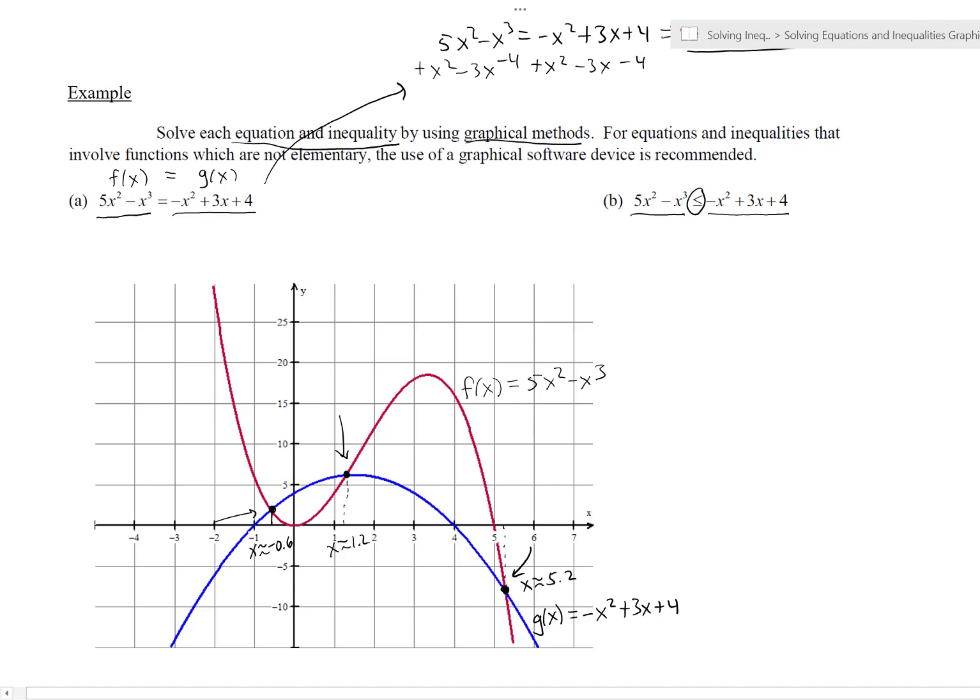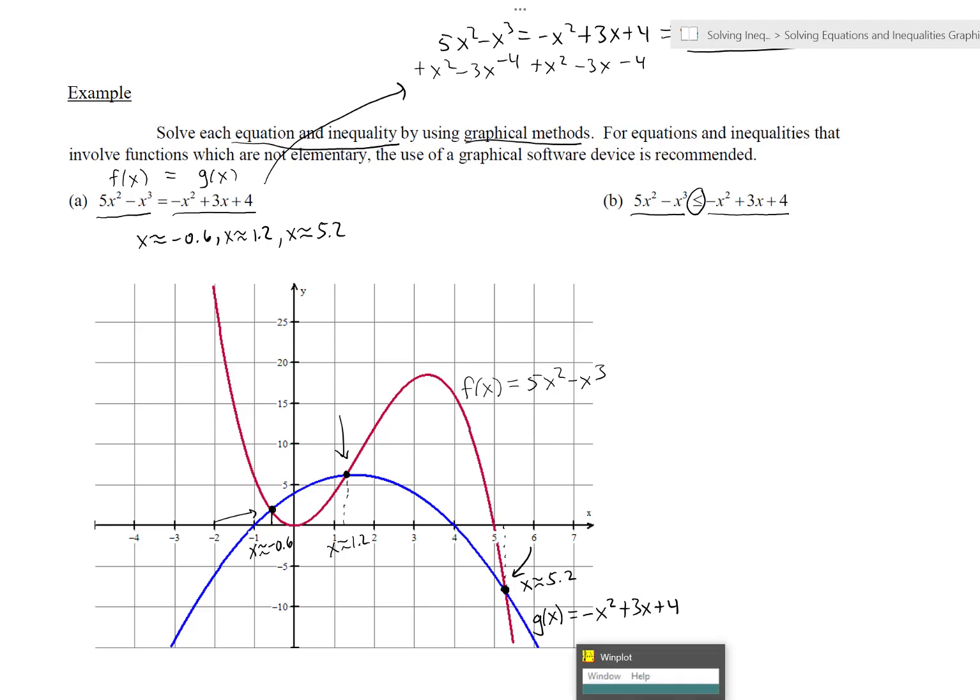So we can say that the solution set to this equation is x is approximately negative 0.6, x is approximately 1.2, and x is approximately 5.2. Now that's about as good as we can get without using some advanced algebraic techniques or just by eyeballing it.